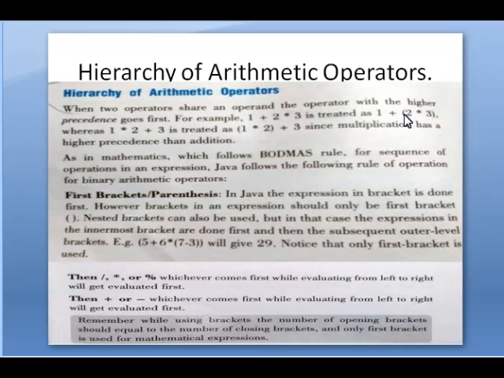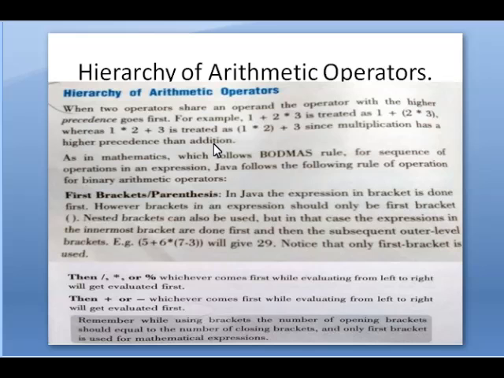We have to give the first priority to this multiplication. Whereas 1 into 2 plus 3 is treated as 1 into 2, plus 3. If multiplication is there, we have to give preference to multiplication first, then addition and subtraction, like this, since multiplication has higher precedence than addition.